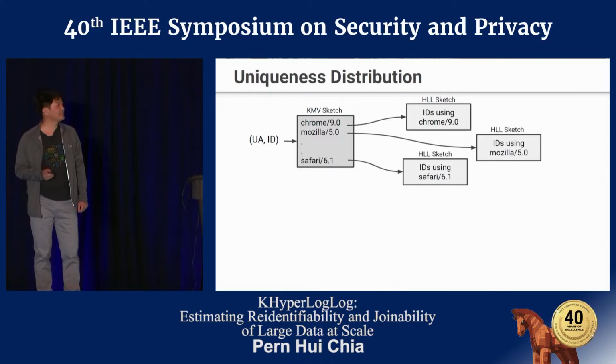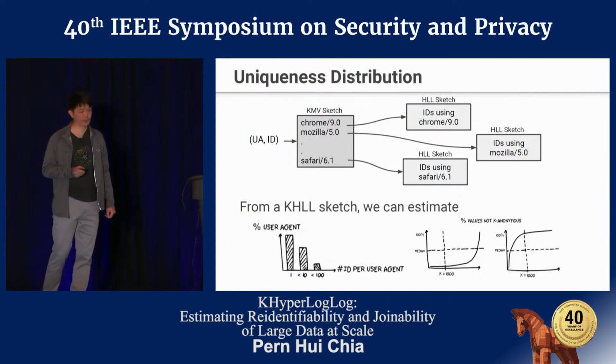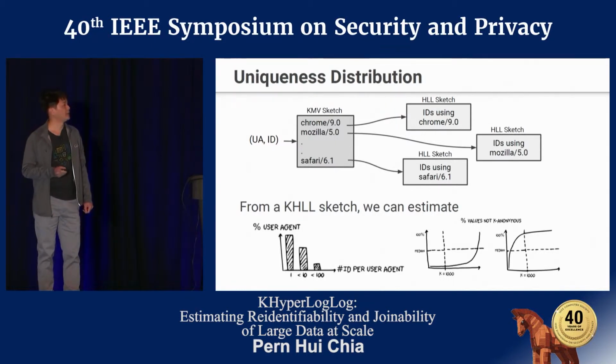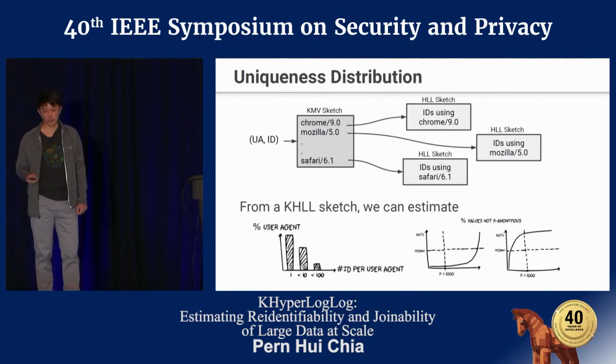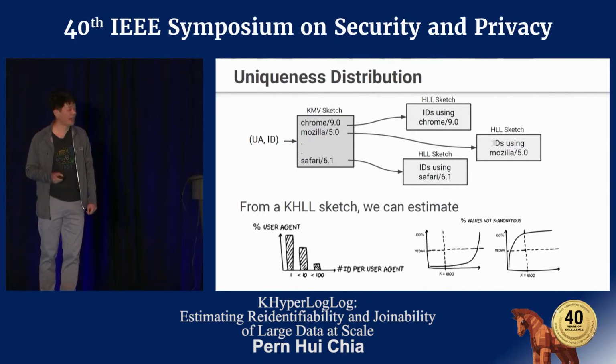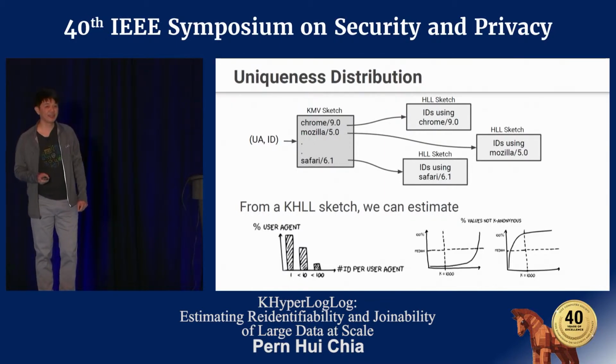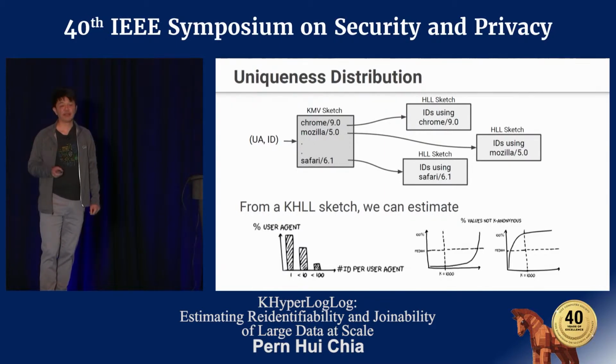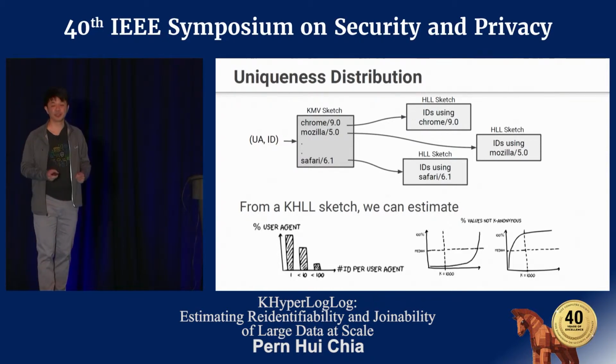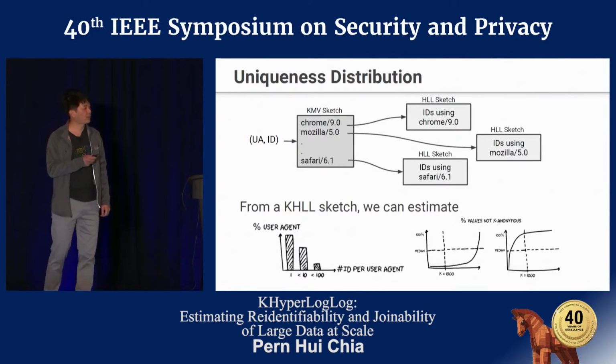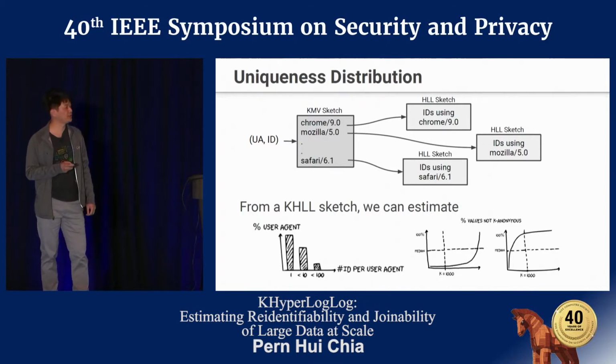From this data structure, one can see that we can easily estimate the uniqueness distribution using one single KHyperLogLog sketch. Specifically, we can tell the fraction of user agents that are uniquely identifying, and the fraction of user agents that are shared by multiple users, and so on. We can also plot the cumulative distribution.